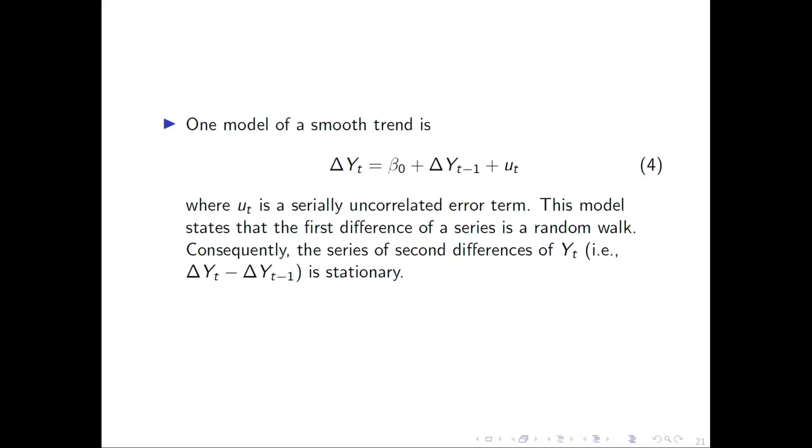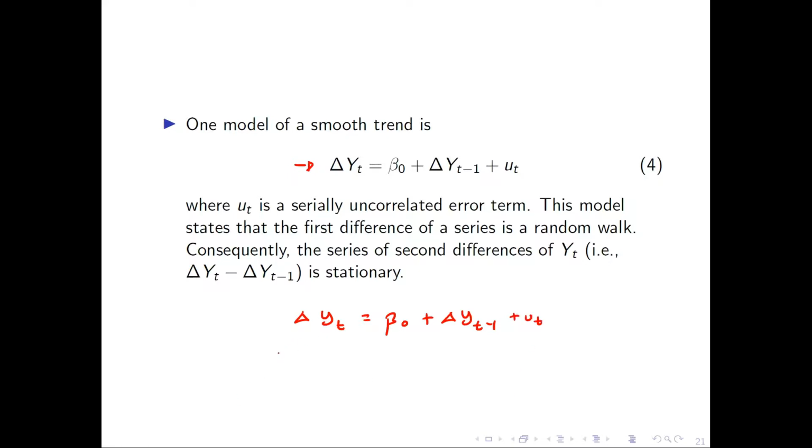To see which process generates this non-stationary first difference process, we can just take this difference, and we have the difference of yt equal to beta naught, the constant, plus delta yt minus 1, which is the lagged difference, plus ut.